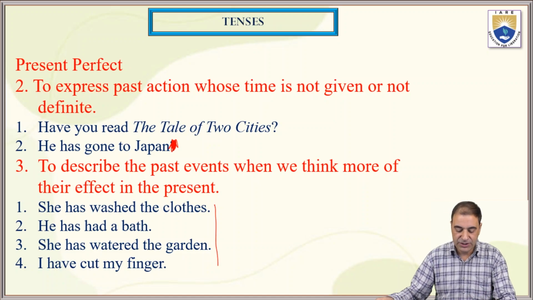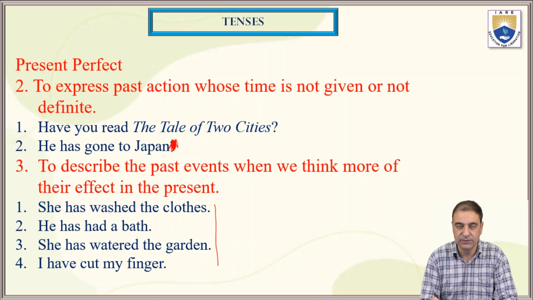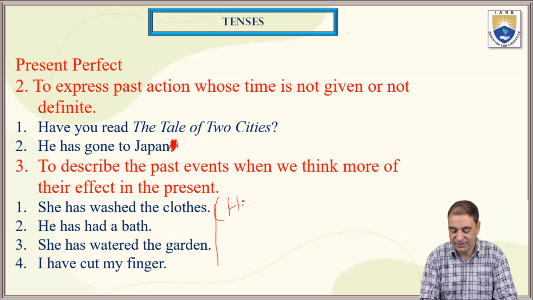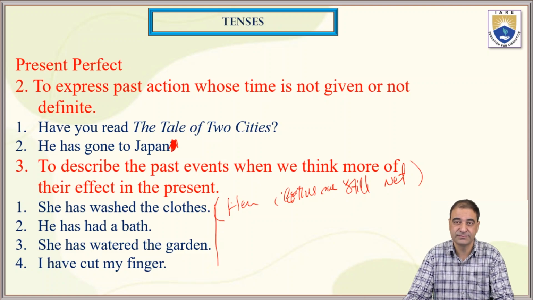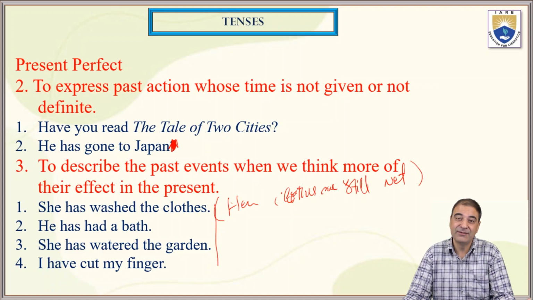For example, she has washed the clothes, and right now her clothes are still wet. And what's the effect? Effect is her clothes are still wet. For example, he has had a bath. When we say he has had a bath, that means at present his hair is still wet.